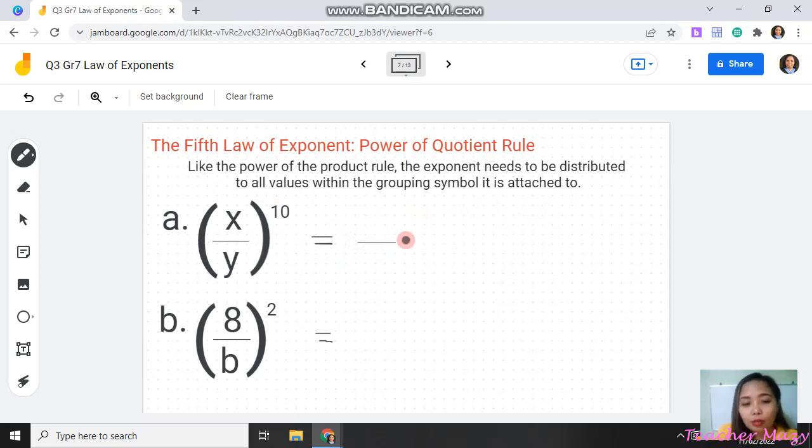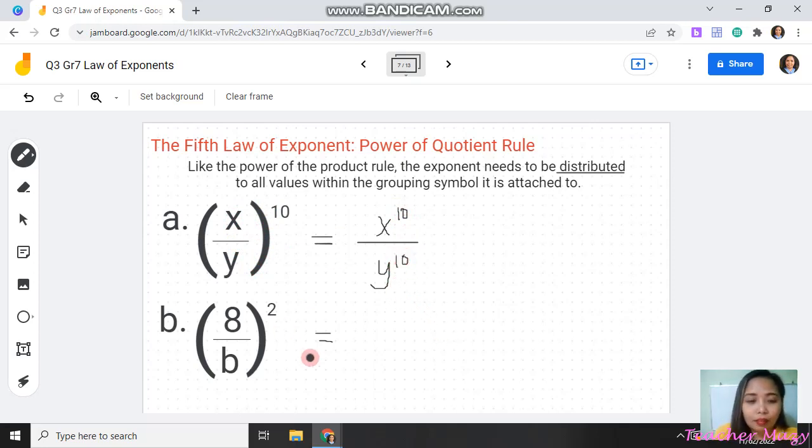Okay, so our grouping symbol here is parentheses. Ayan, so it says that we need to distribute it also. So that means distribute it to all variables inside this parentheses. So x raised to 10 and then y raised to 10.